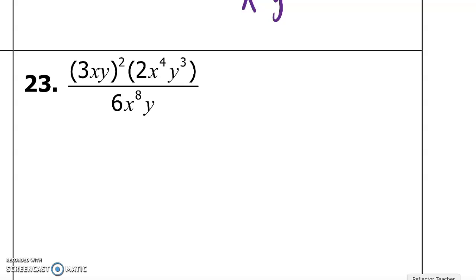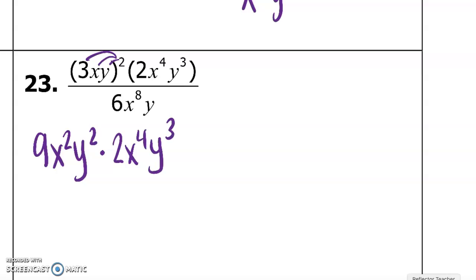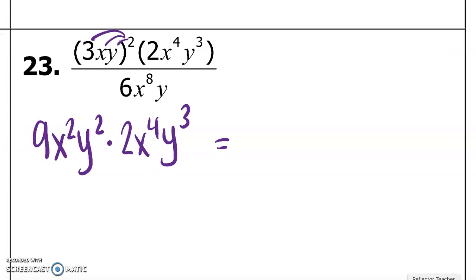23, one thing at a time. So first you're going to square all those, giving us 9x squared y squared times 2x to the 4th y to the 3rd. So I'm going to do all that first. I would get 18 x to the 6th y to the 5th. So that's just the top.